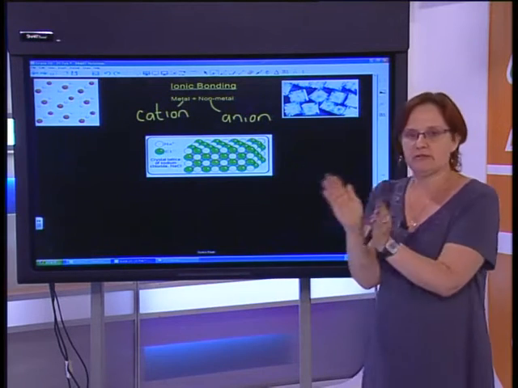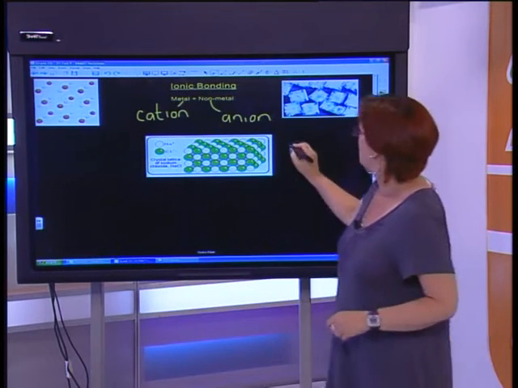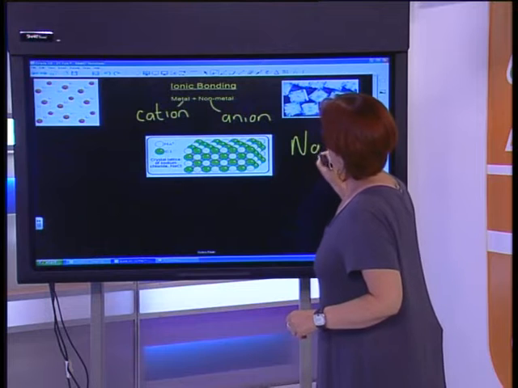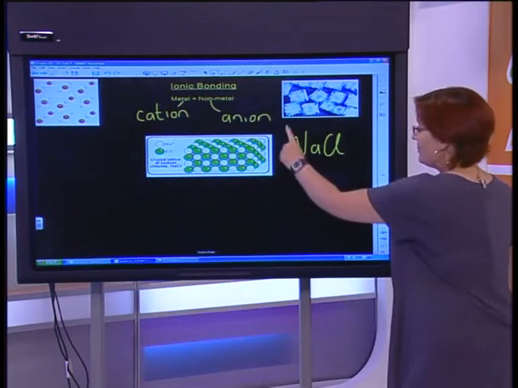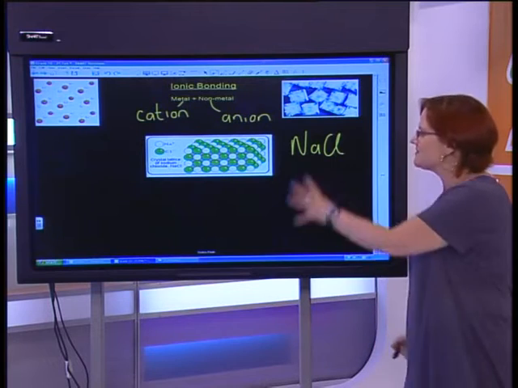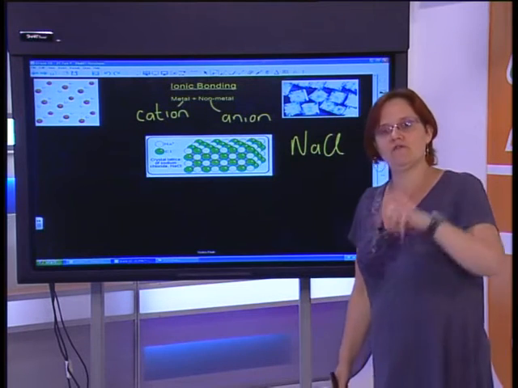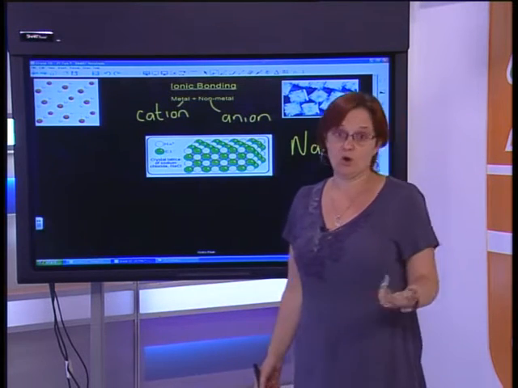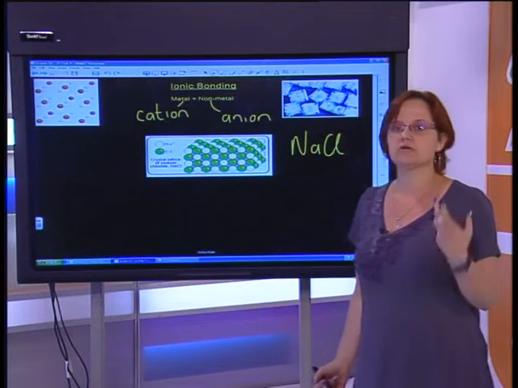And when these bond together, when I say that I've got sodium chloride, this is what we call a formula unit. It's not the same as a compound, because only covalent molecules are considered to be compounds because of their bond.